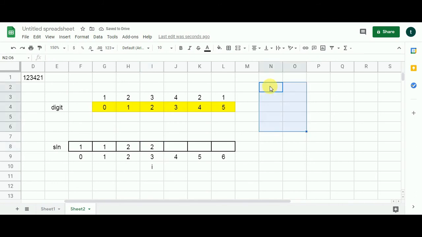Now we are going to check if these 2 digits give us a new alphabet. We go to the I minus 2th cell of the digit array. I over here is 3, 3 minus 2 is 1. Over here the value is 2, and it has to be either 1 or 2, so we qualify the first condition.